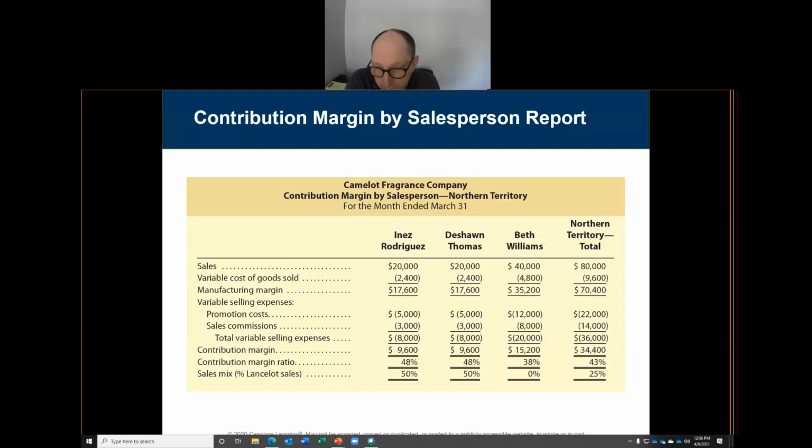This tells me how well a salesperson is performing. It's interesting to look at because it helps managers to identify who their best salespeople are, and it also helps them to control sales commissions.